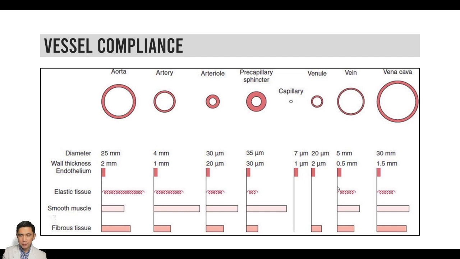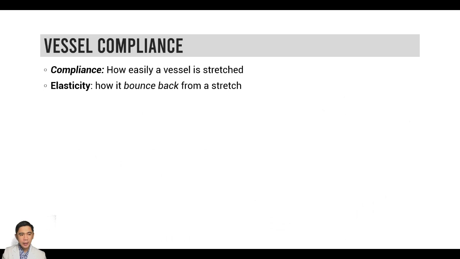And it somewhat goes up again. So in this diagram, we'll know that the aorta has the highest elasticity, which means it bounces back whenever we put additional fluid, compared to the arteriole or the capillary. Again, compliance is how easily a vessel is stretched, and elasticity is how it bounces back from a stretch.